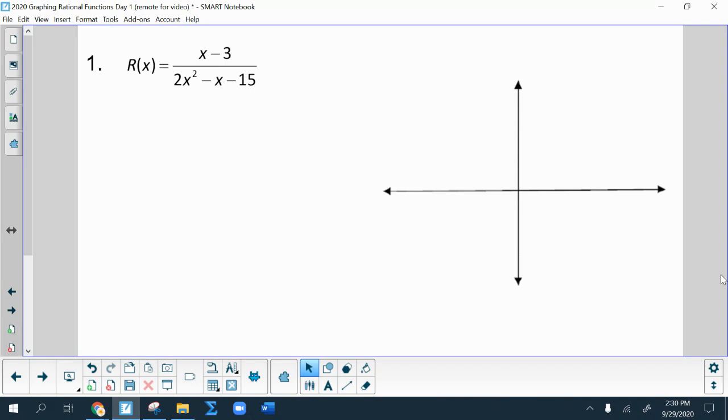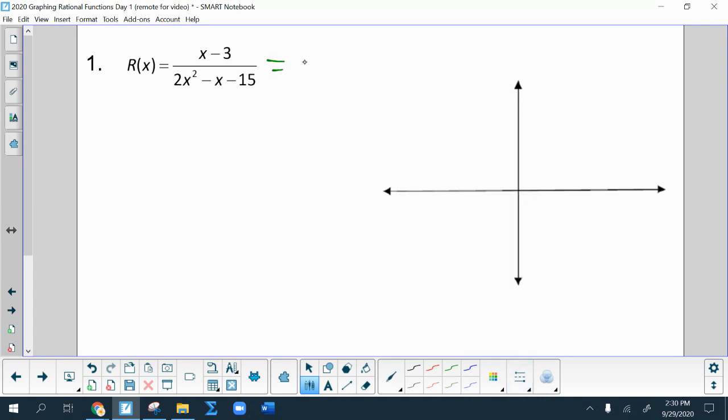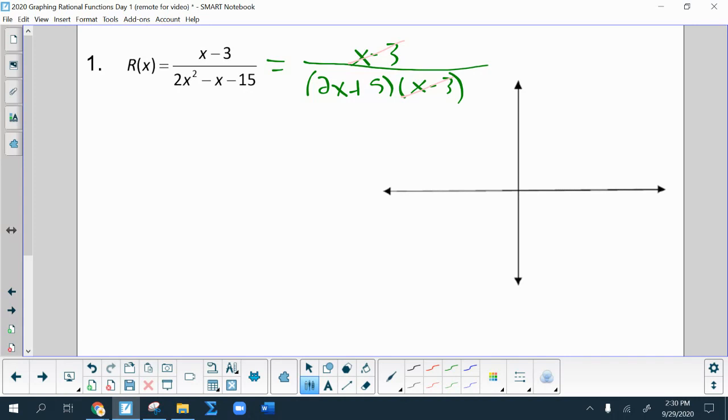So I'm going to follow my own advice here, and I'm going to factor this problem first. When I factor this, my numerator stays the same for now. My denominator is 2x plus 5 times x minus 3. Even if this didn't cancel, this would be important to factor because it helps you find the vertical asymptotes.